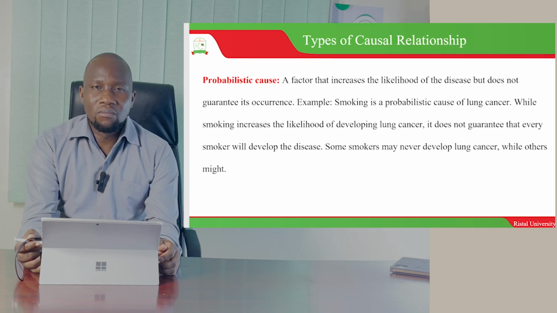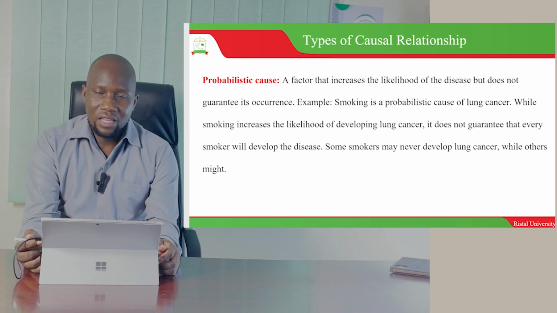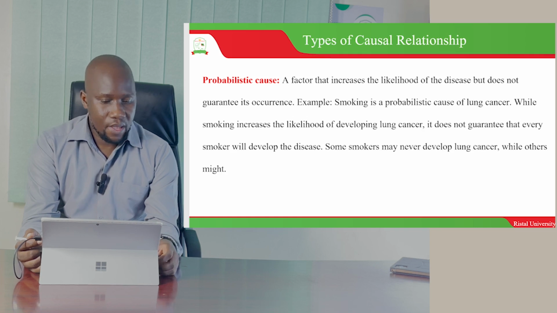So we are saying that smoking increases the risk of getting lung cancer, but it alone may not really cause lung cancer. So that's why you have individuals who have been smokers and actually heavy smokers, but they do not have lung cancer. Smoking does not guarantee that you get lung cancer, but it contributes to the risk of you getting lung cancer. Okay? So that is very important to note.